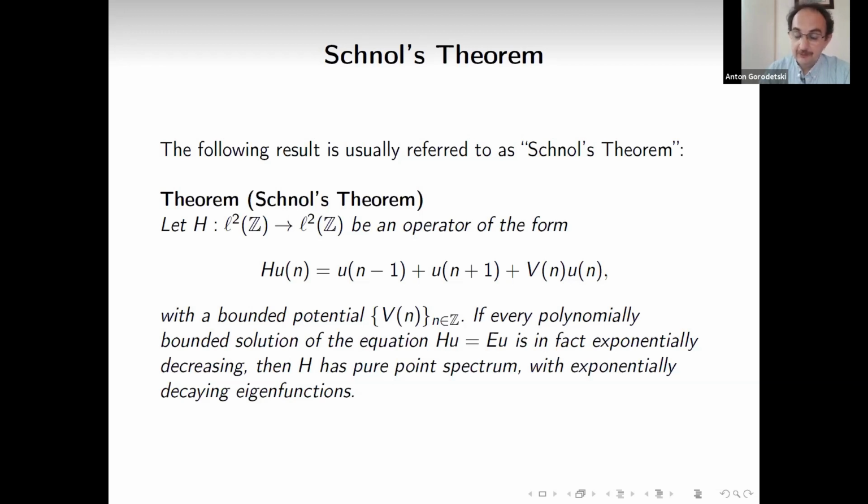If we can prove somehow that any polynomially bounded solution of this stationary Schrödinger equation is in fact exponentially decaying, then this implies that this operator has pure point spectrum with exponentially decaying eigenfunctions. Now, the fact that our product of transfer matrices with probability 1 has a norm that grows exponentially fast means that if you have any vector that is not growing exponentially fast, then this vector has to be decaying exponentially fast.